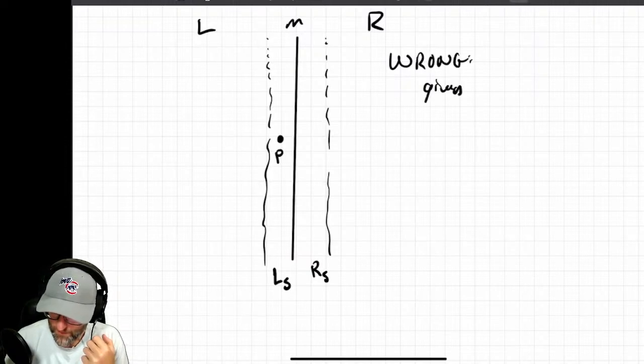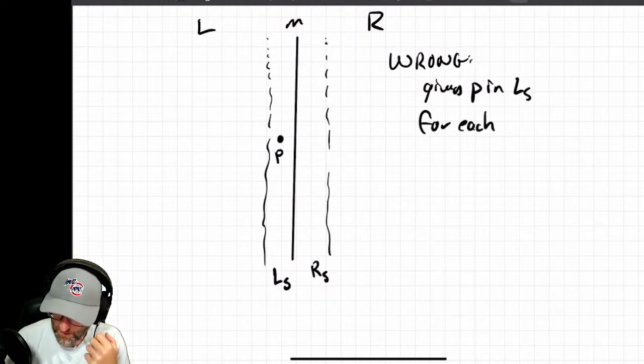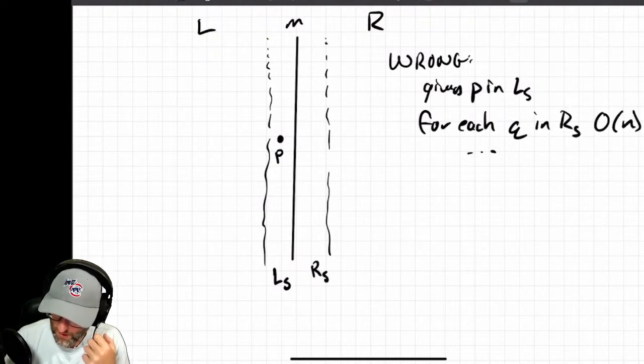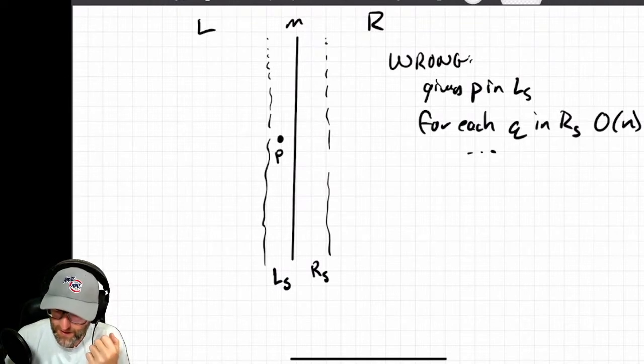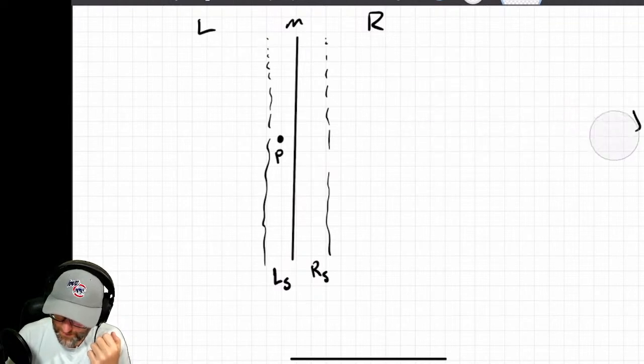Given P in the left slice, for each Q in the right slice, there could be order n points in this. They could all lie up here, and it could be a very unlucky kind of input. So you have to be careful. You can't do this.